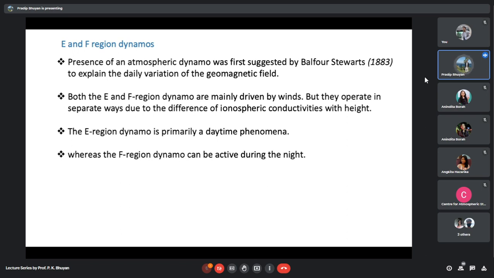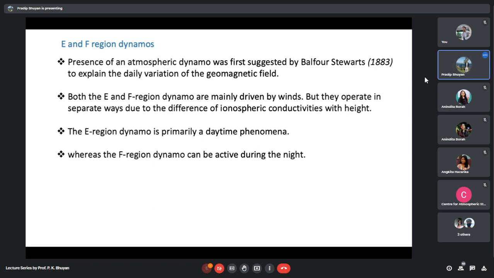Now we know what happens, because this is 1883. Afterwards, a lot of studies have been done. So we have two dynamos, one in the E region and the other in the F region. Both are driven by winds, neutral winds.